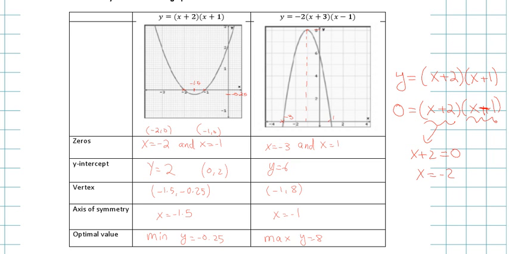When is this bracket equal to 0? Bring the 1 over, it becomes a negative 1. Did I get my zeros?